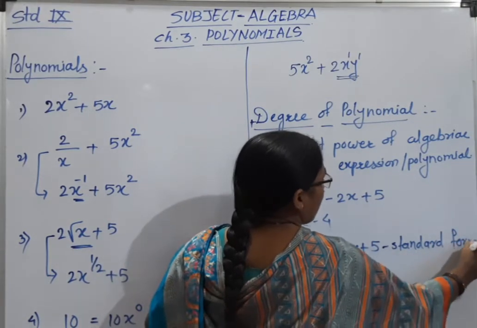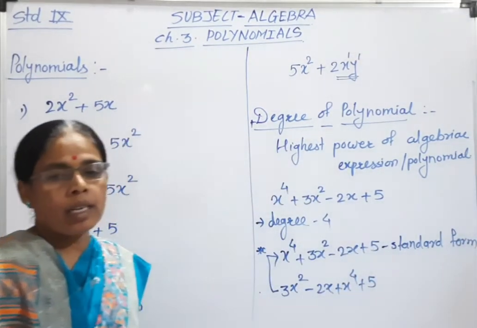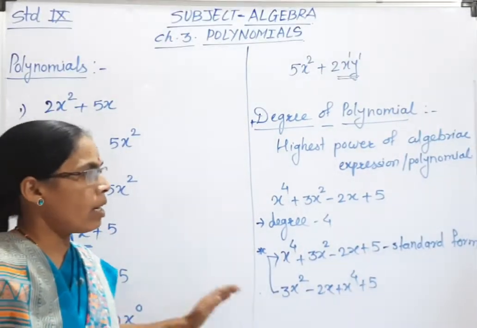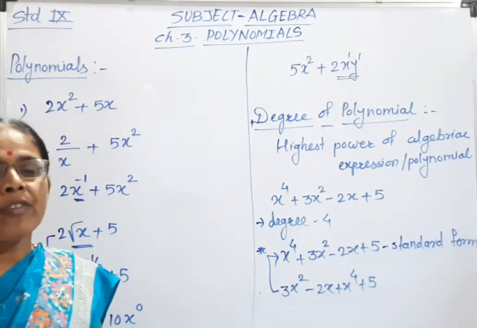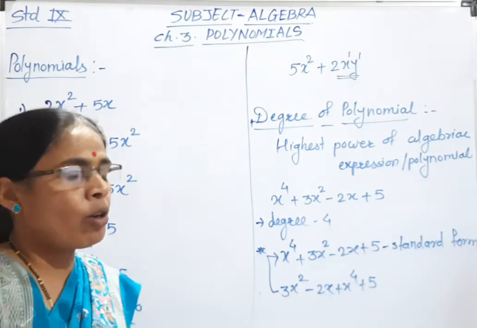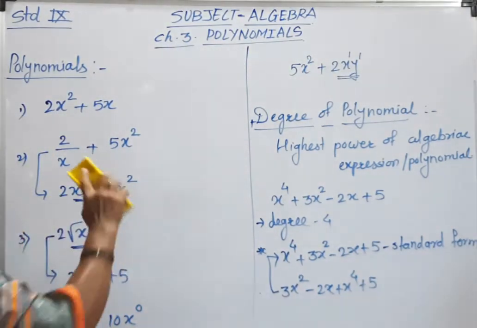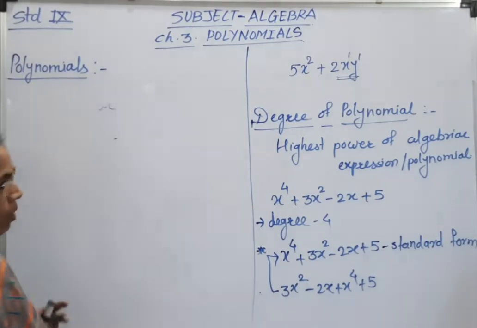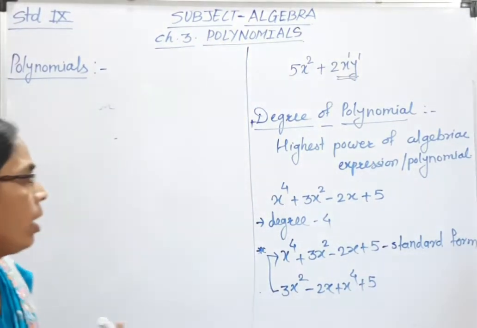So when we write any polynomial in the descending or ascending order of the indices, it is the standard form. We can write any polynomial in the standard form, index form, or coefficient form.